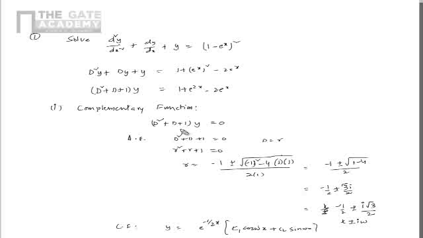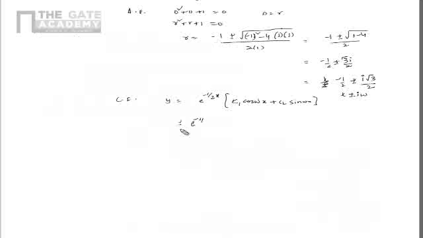Let me substitute the values: e power minus half x, c1 cos root 3 by 2 x plus c2 sin root 3 by 2 x. So this is the complementary function.